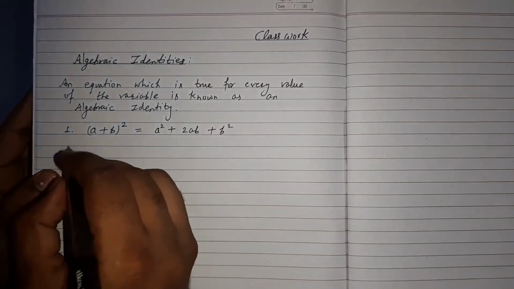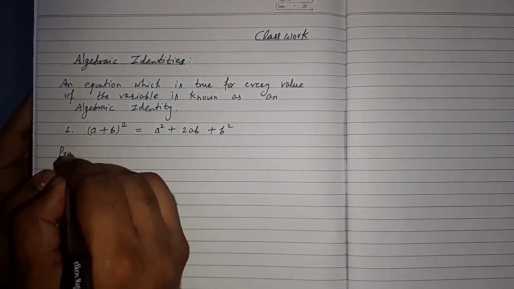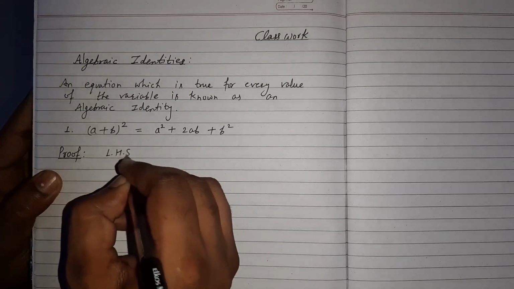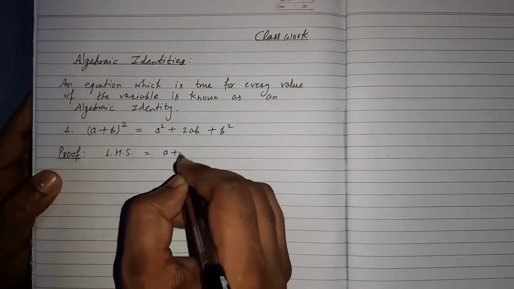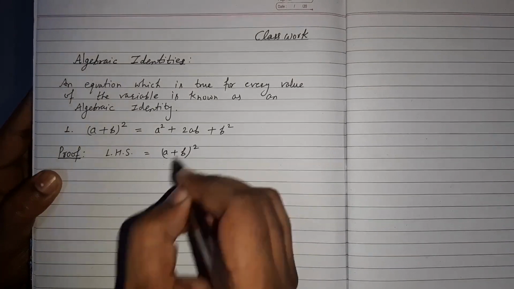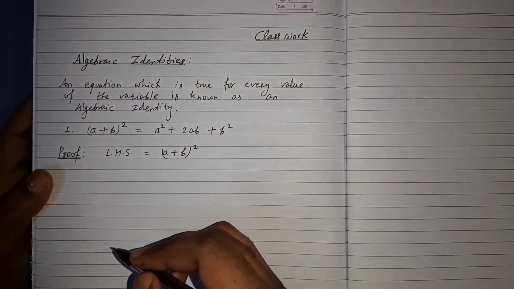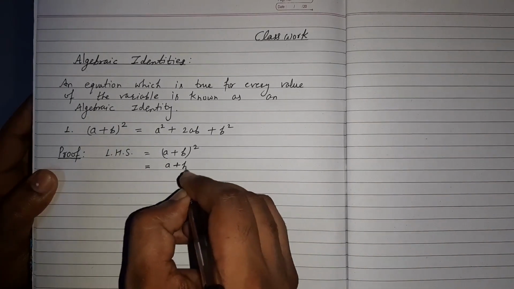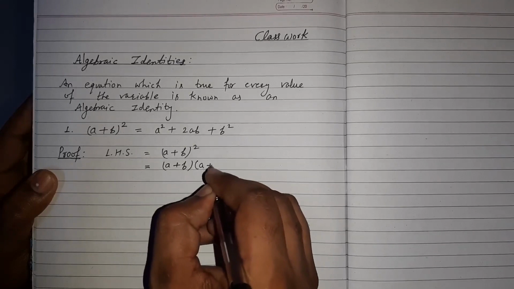So for the proof, the LHS part is (a plus b) whole square. (a plus b) whole square means we can write (a plus b) two times, so it will be (a plus b) multiply (a plus b).